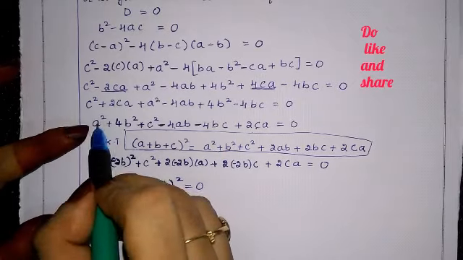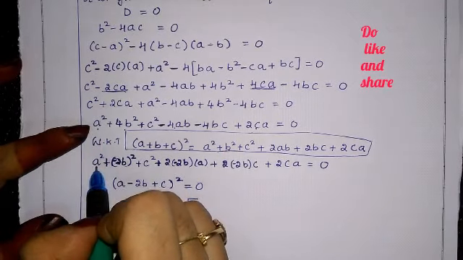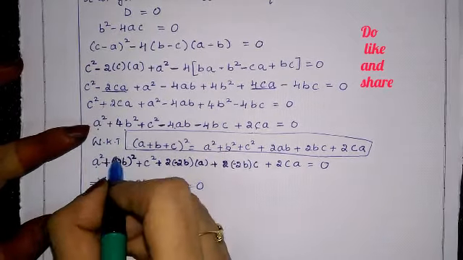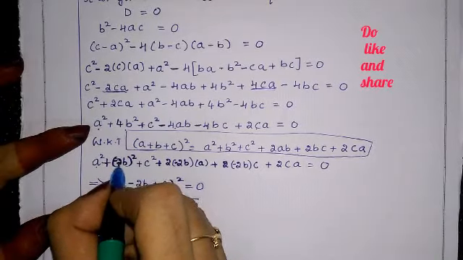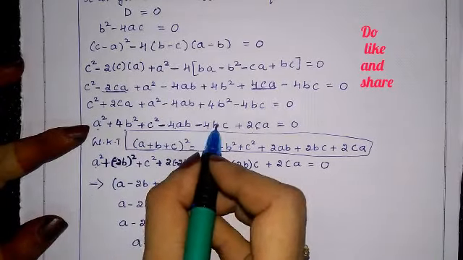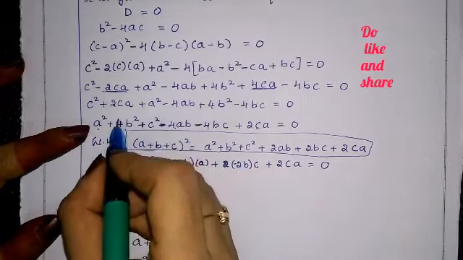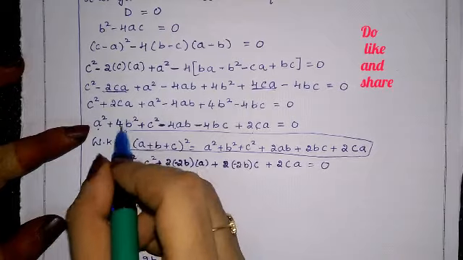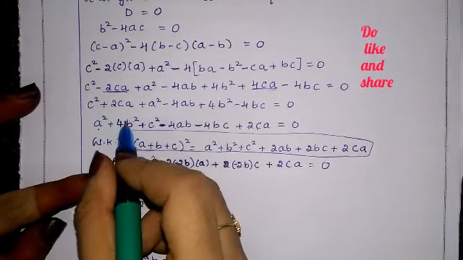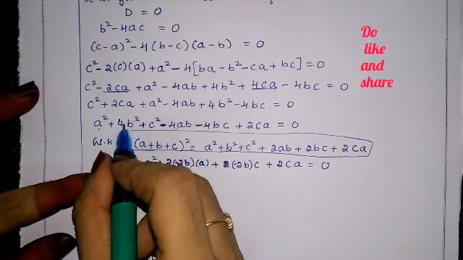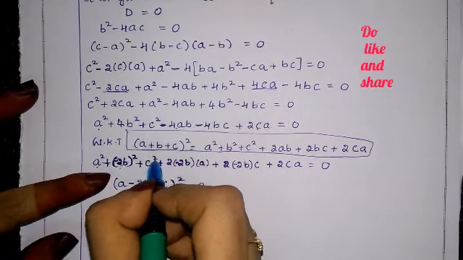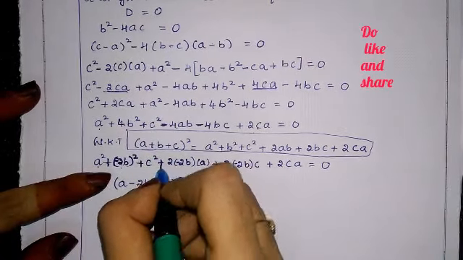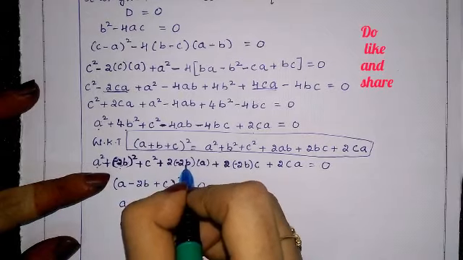How I wrote it in the formula form: a square I wrote as it is, plus (minus 2b) square. Why I wrote minus? Because here in the b place the minus sign we have, so minus 2b square is nothing but 4b square only. I didn't change anything. If you solve this you will get 4b square only, plus c square as it is.